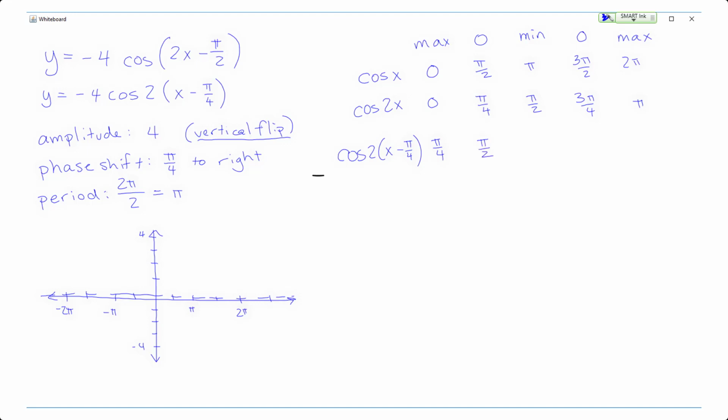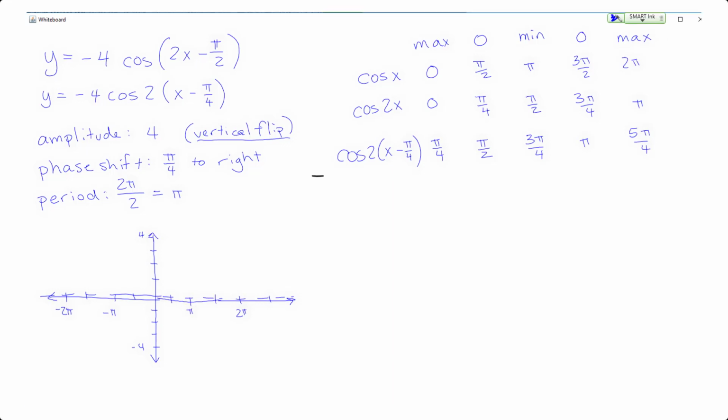Pi over 2 plus pi over 4 is 3 pi over 4. 3 pi over 4 plus pi over 4 is, I'm sorry, not 2 pi, just pi. And then 5 pi over 4. And you can just work with the fractions if you're uncertain, but that is certainly the way those work out.